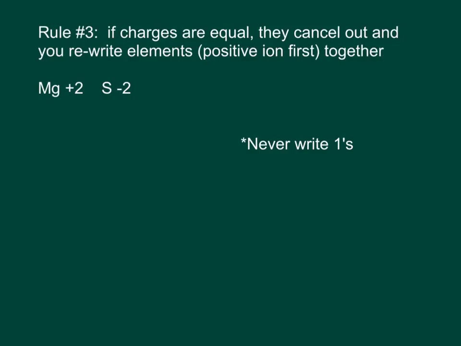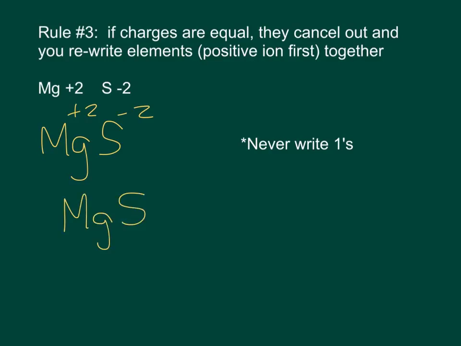Rule number 3 is if the charges are equal, then they're going to cancel out. I have a positive 2 for magnesium and a negative 2 for sulfur. So if I put Mg and S together, that plus 2 and that minus 2 cancel each other out, so I don't even need to write them. I'm just going to write magnesium sulfur. What I'm trying to do is reduce it down, but I'm not going to write ones.